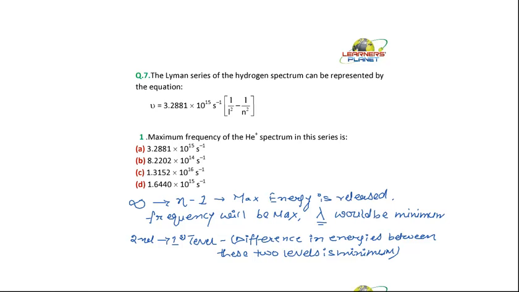The difference is minimum. So what will be the wavelength of the light emitted? The wavelength of light emitted would be maximum. Right? Now let's solve this question.